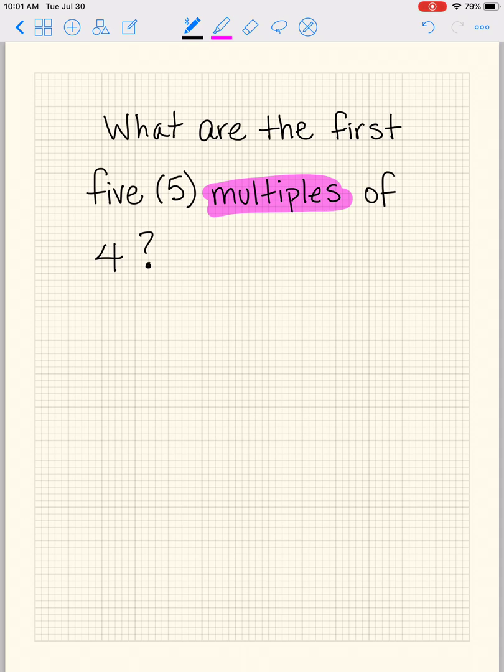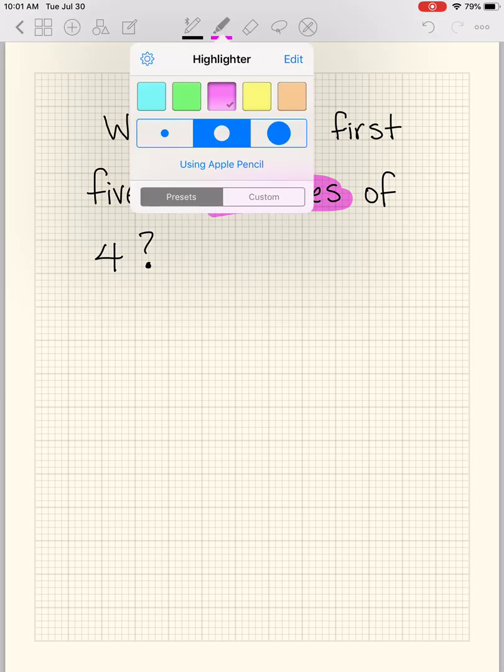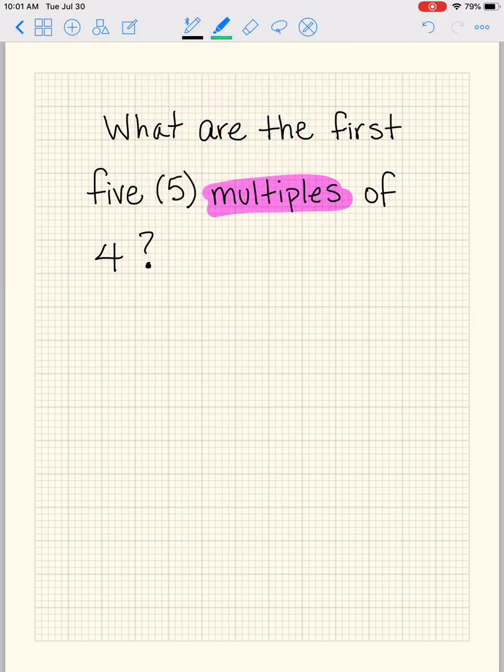Now, the next thing that I'm looking for is, I'm going to highlight this last number, the number 4. This number is my factor. This number is the factor, and this is going to be the common number in each of my multiplication equations.